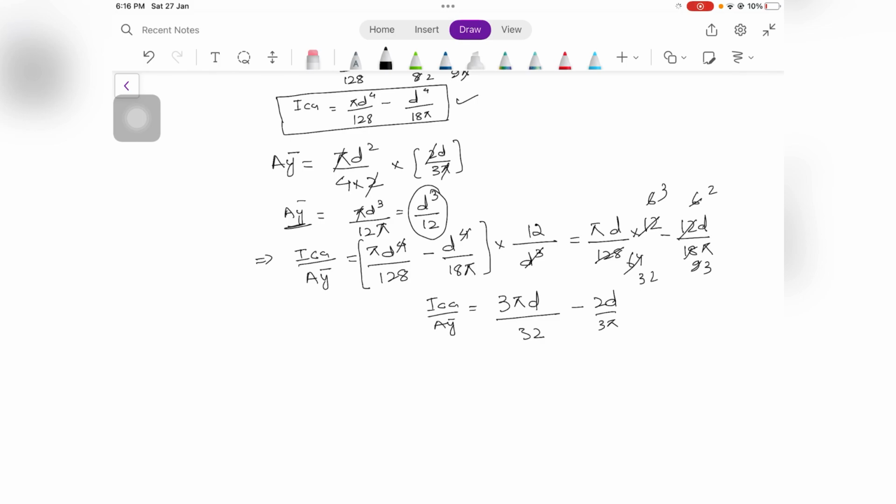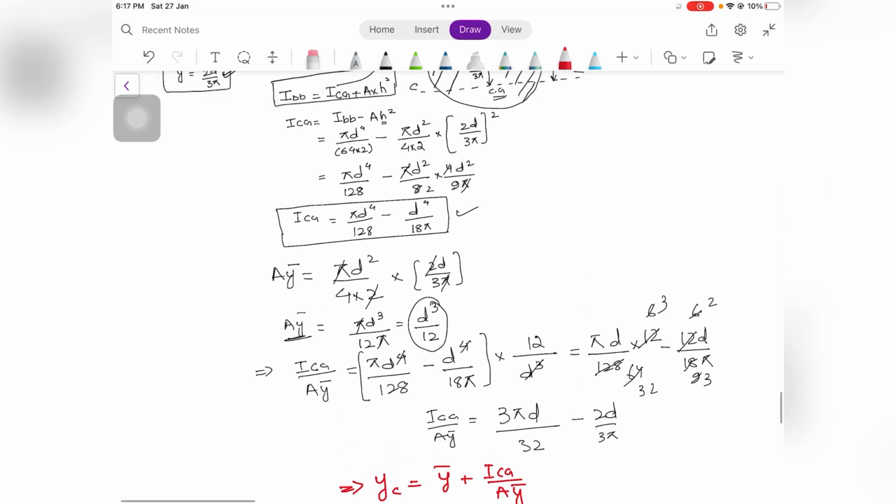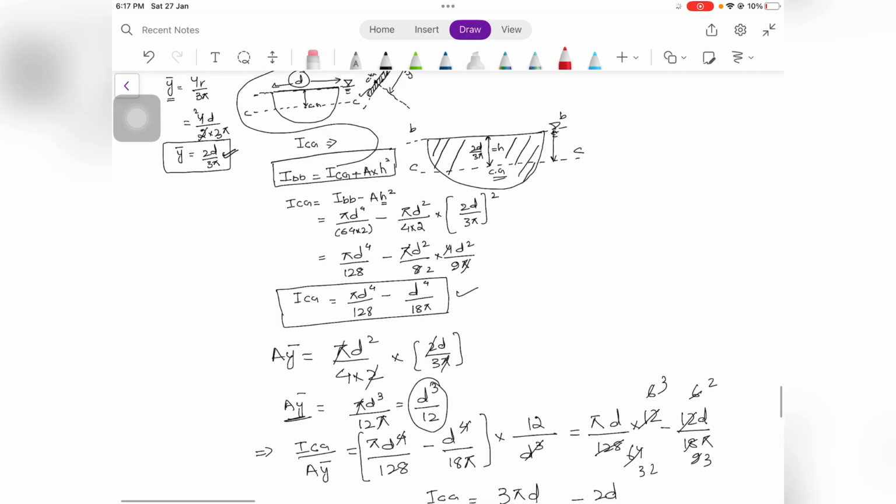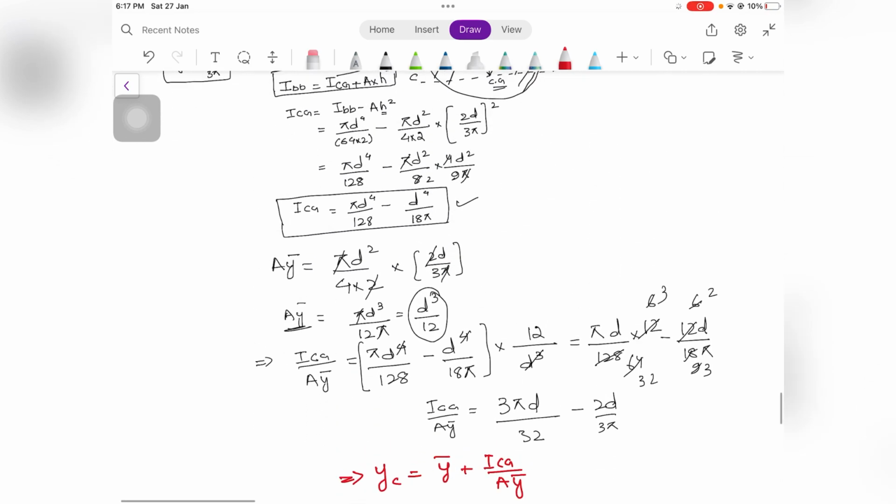Now let us go back to the equation of yc, that is the depth of center of pressure equals the depth of the center of gravity plus ICG upon A y bar. Now Y bar we have found here.